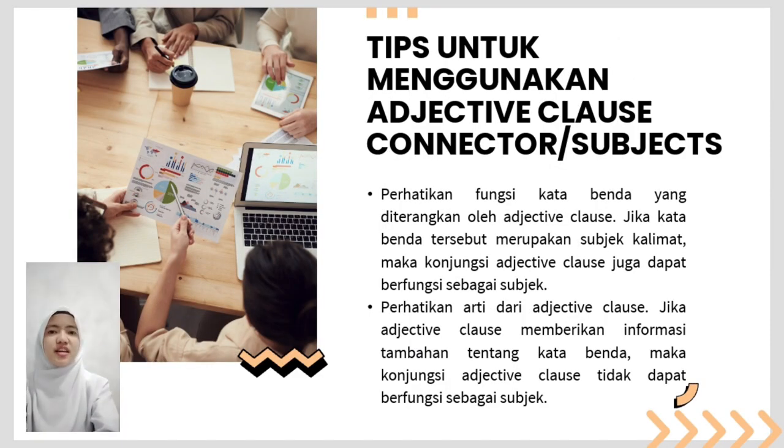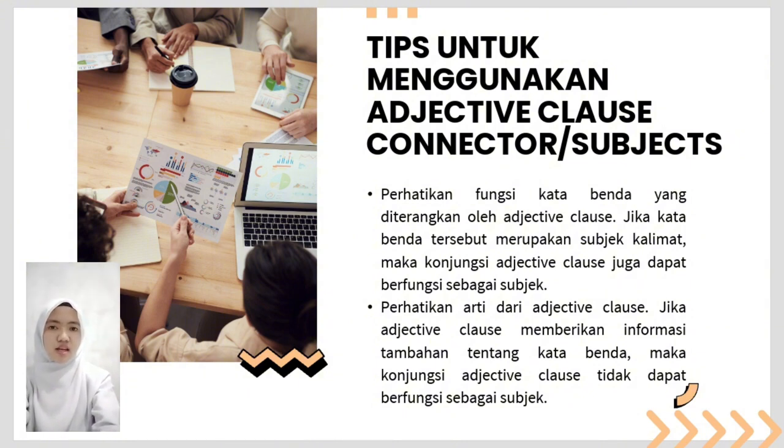Tips for using adjective clause connector or subject. First, pay attention to the function of the noun explained by the adjective clause. If the noun is the subject of the sentence, then the adjective clause conjunction can also function as the subject.